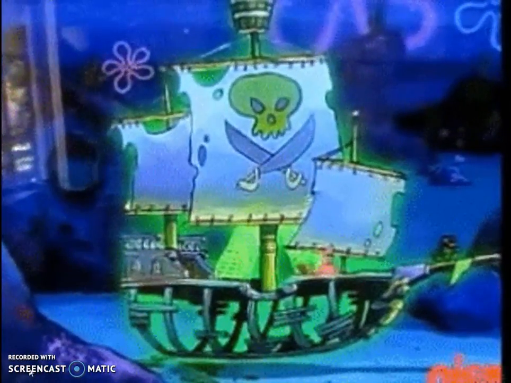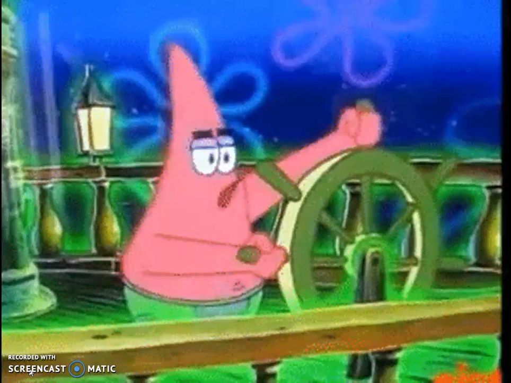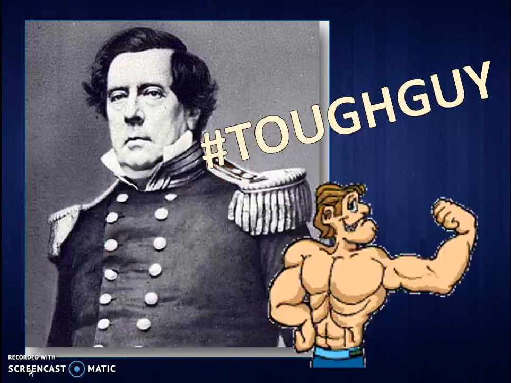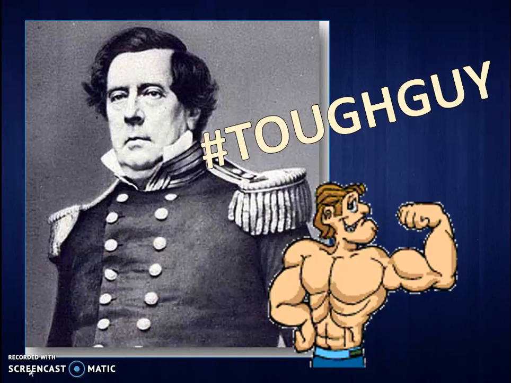So in pondering who he was going to send on the United States' behalf, he ends up choosing a man named Matthew Perry. Now, Matthew Perry, not to be confused with this Matthew Perry from Friends, Commodore Matthew Perry was a very serious naval leader. He had served in a number of American wars, such as the Mexican-American War, and prior to that, the War of 1812.